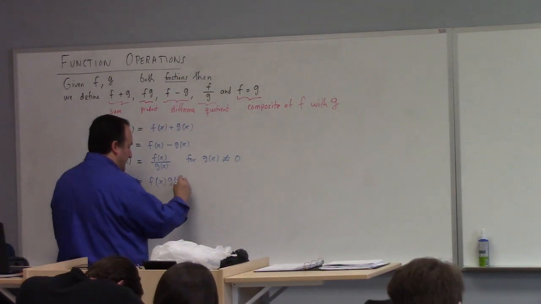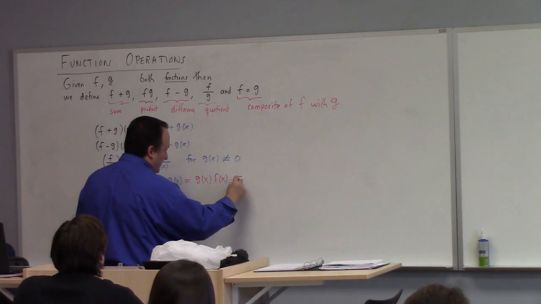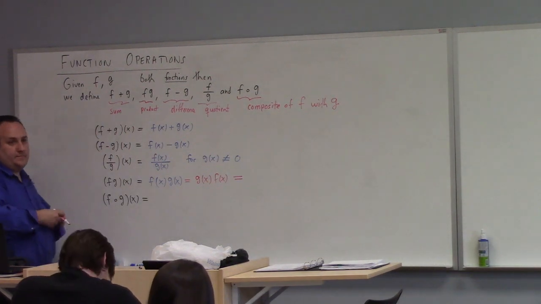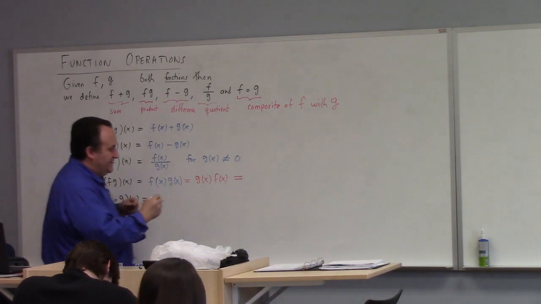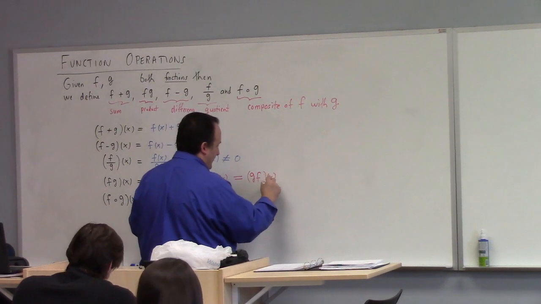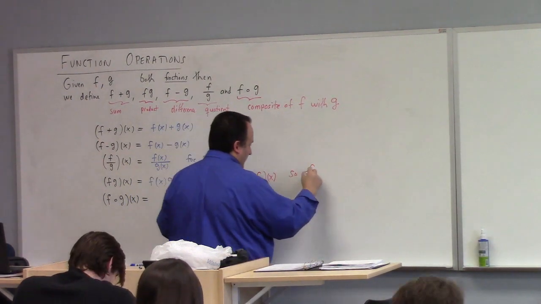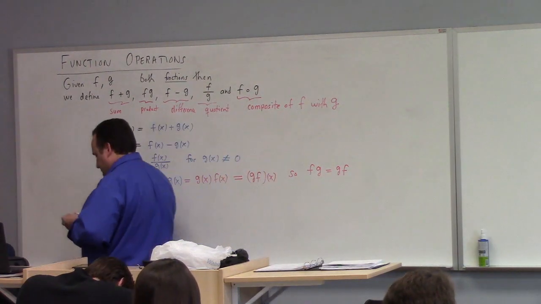This is also equal to g of x times f of x. And so that's g times f of x. So f times g is equal to g times f.